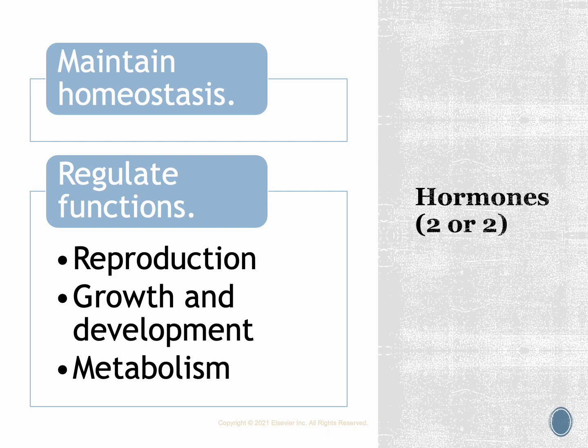So PTH is released from the parathyroid gland when the body senses that blood calcium levels are too low. Parathyroid hormone, PTH, is going to bind at the receptor sites of the osteoclasts. Remember, osteoclasts are those specialized bone cells that break down bone.